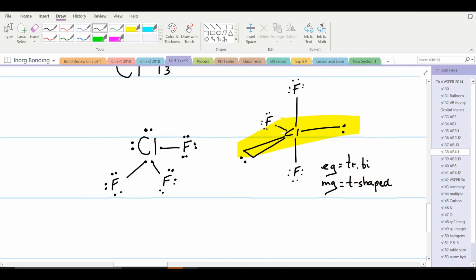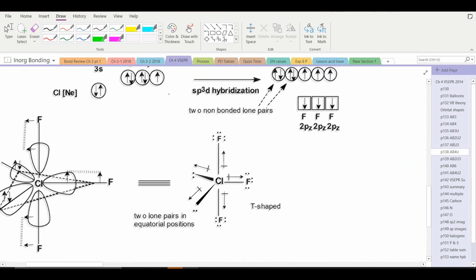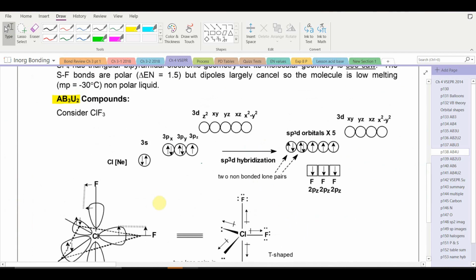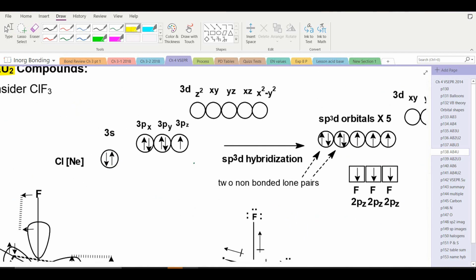Alright, let's take a look over here. Here's the electron configuration of chlorine, group 7A, 3s2, 3px2, 3py2, 3pz1. It can form one bond if it's unhybridized, but if it's going to form three bonds, it has to hybridize.